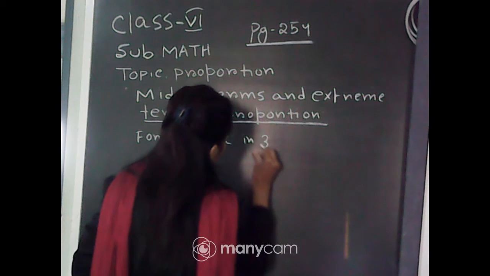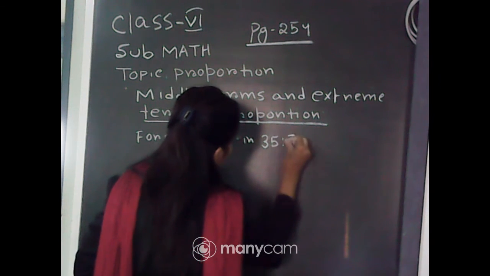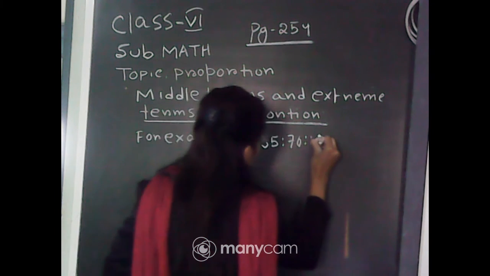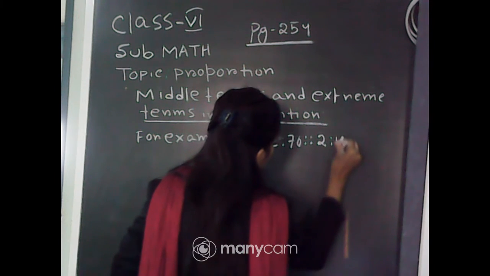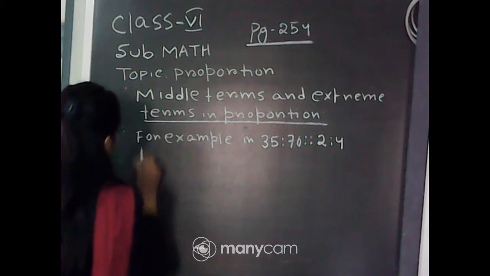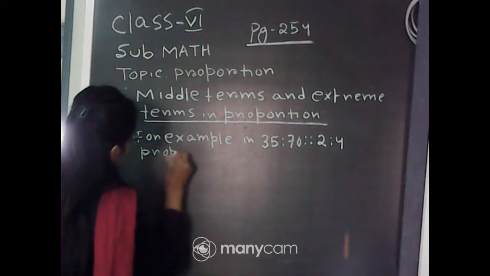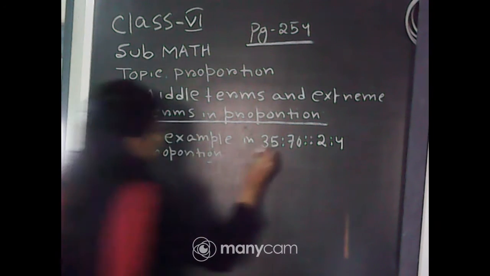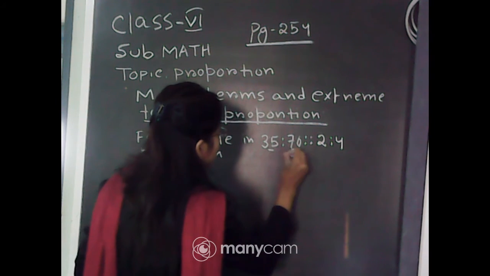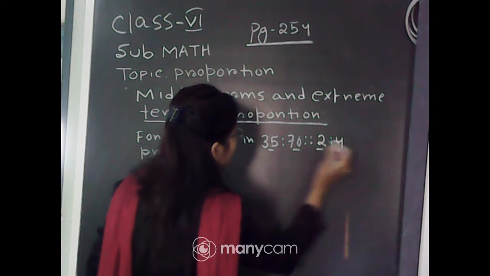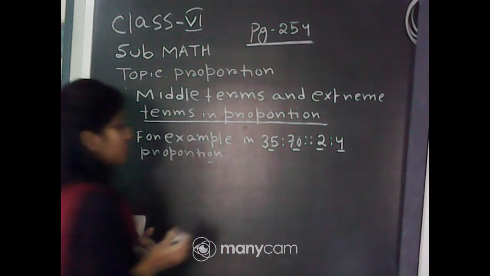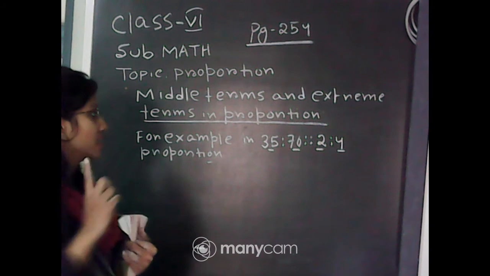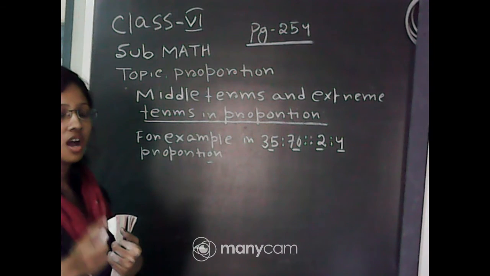in 35:70 as 2:4, in this proportion this is the first term, this is the second term, this is the third term and this is the fourth term. We know that the first and fourth terms are extreme terms and the second and third terms are middle terms.